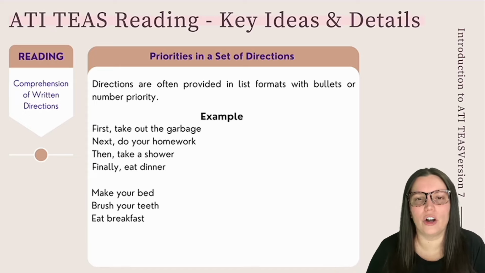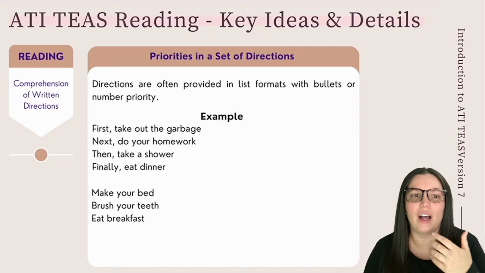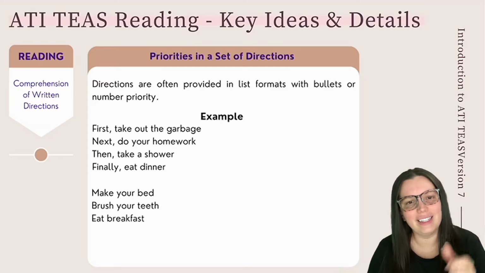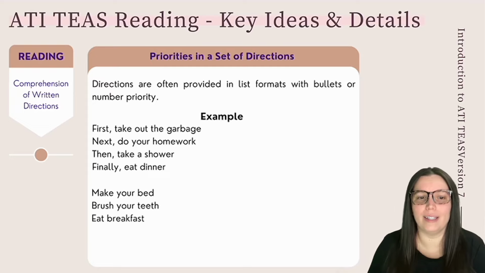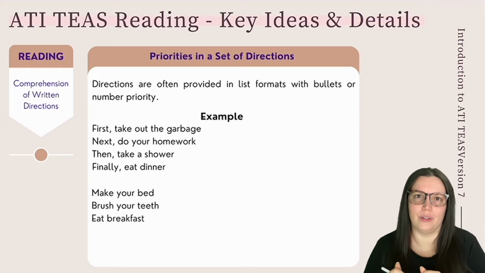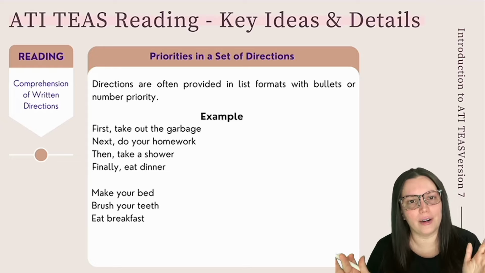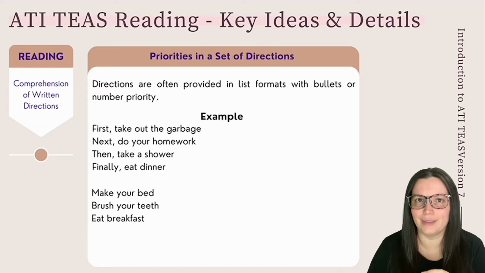You may also come across instructions that are not using signal words to signify priority. In these cases, you will need to use your best judgment to determine what is important. So for example, if you were given the following set of instructions with no signal words: make your bed, brush your teeth, eat breakfast.